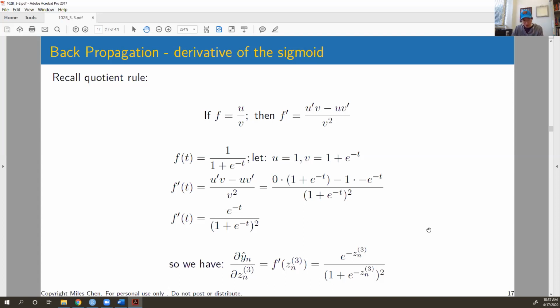You might need to go back to your 31A notes to review derivatives if you've forgotten things like the quotient rule. Okay, so anyway, this is what we've got. And just for simplicity, rather than copying and pasting this and plugging it in everywhere, I'm just going to leave it in the form f prime of z.